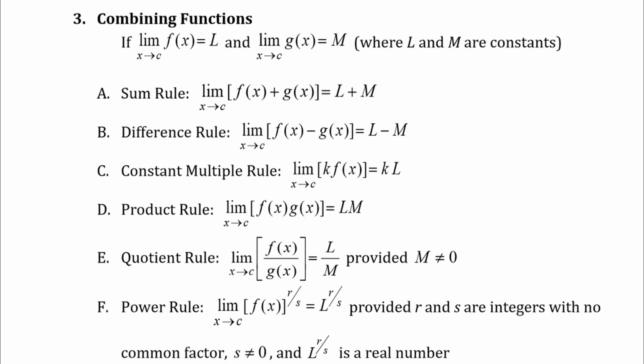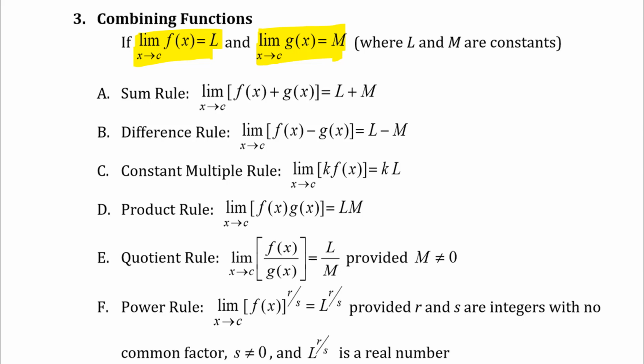So it talks about if I have two functions that I know the limits of, so this might be at this point our two basic building block functions, our identity function and our constant function, and I know those limits, then there are all these different ways that I can combine those two functions and get limits of new functions.